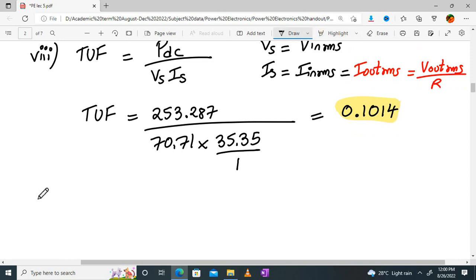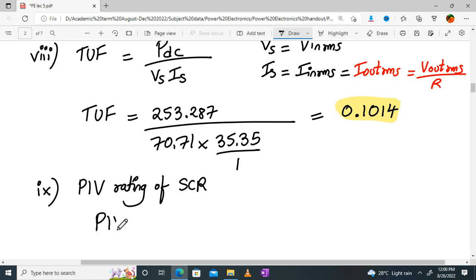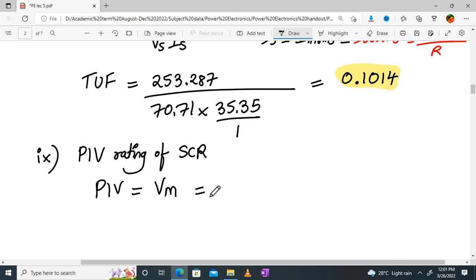Now next is last, PIV rating. PIV rating of SCR. Now PIV rating of this SCR, which is the T1, is basically VM. What is PIV rating?